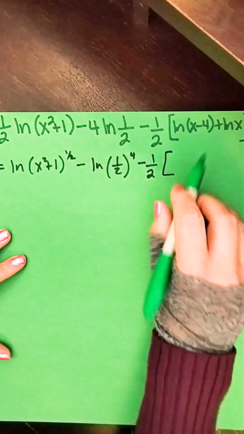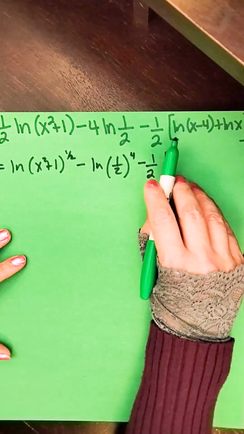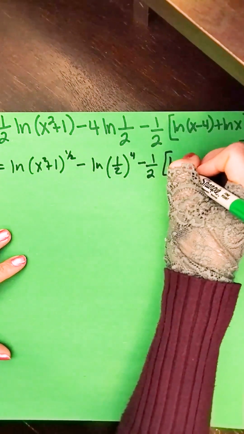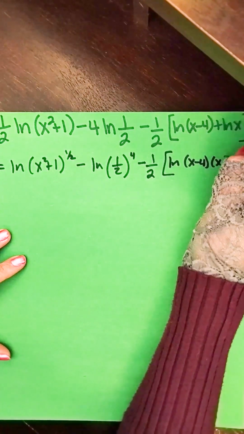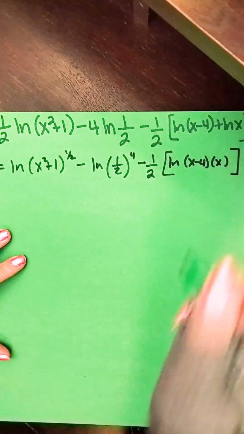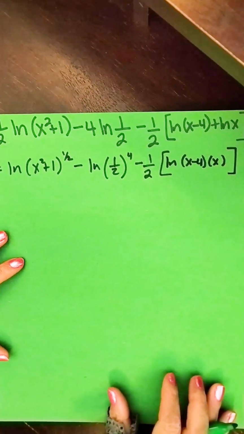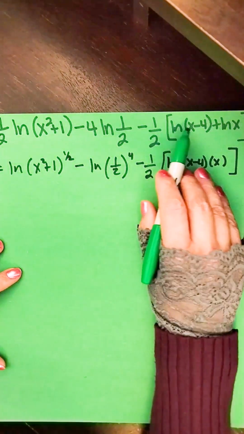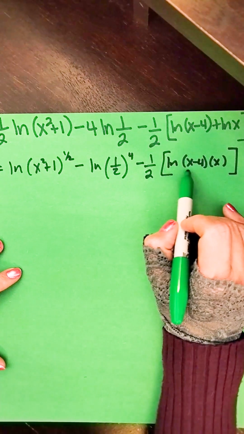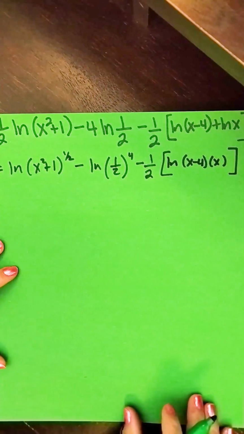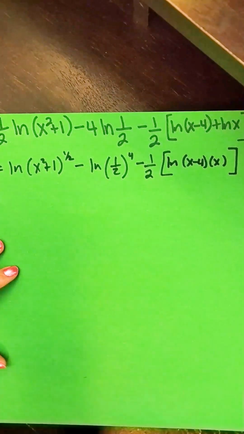And I notice that I have the sum of 2 logs. So that's the natural log of the product of both factors. So the natural log of x minus 4 plus the natural log of x will be the natural log of x minus 4 times x, because I have a sum.